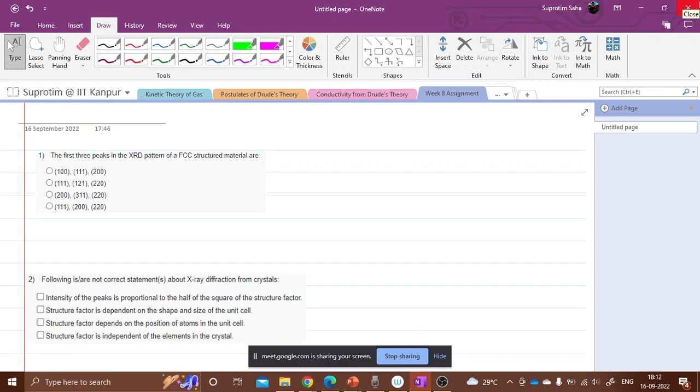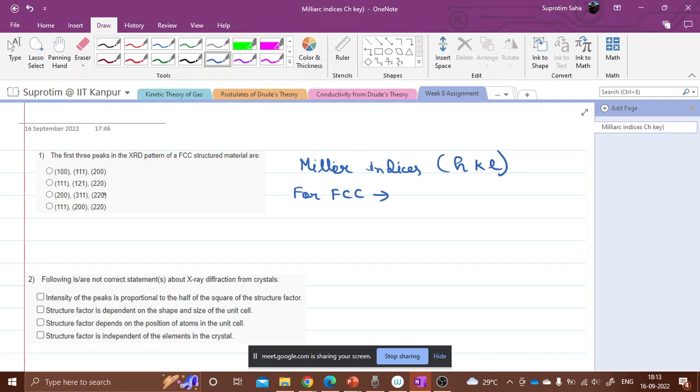So the first question is: the first three peaks in the XRD pattern of an FCC structured material. Basically, what you have to think about is the Miller indices, HKL. For FCC, HKL should not be mixed, right?